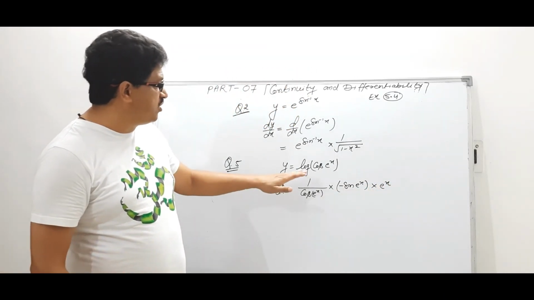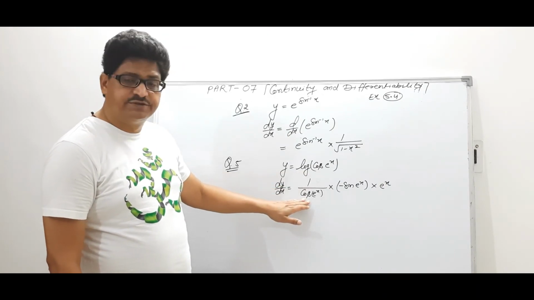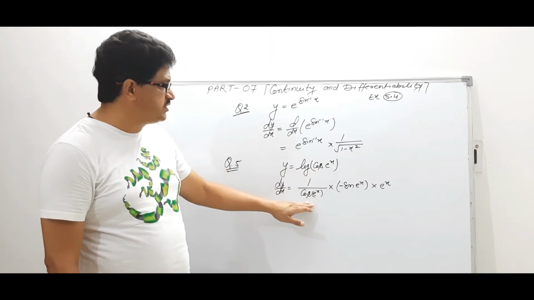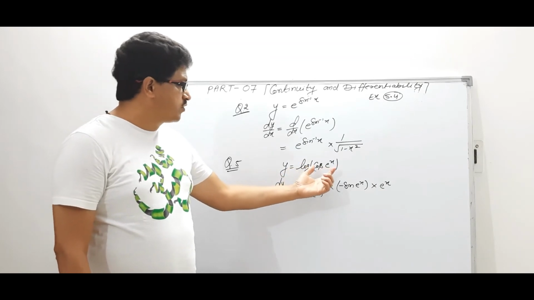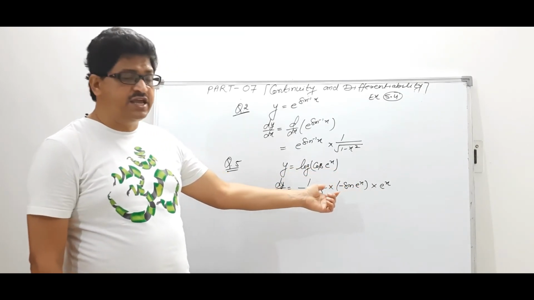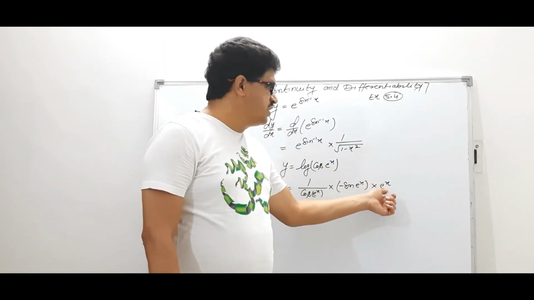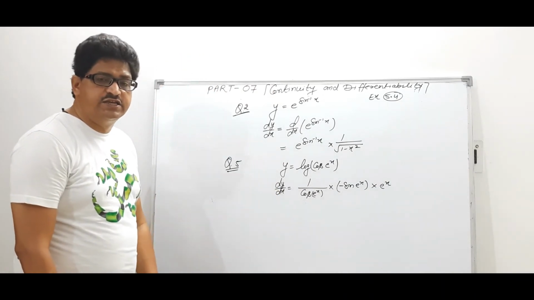First differentiation of log 1 upon x, 1 upon cos e raised to x, फिर cos का होगा माइनस sin e raised to x, और e raised to x का हो जाएगा e raised to x.